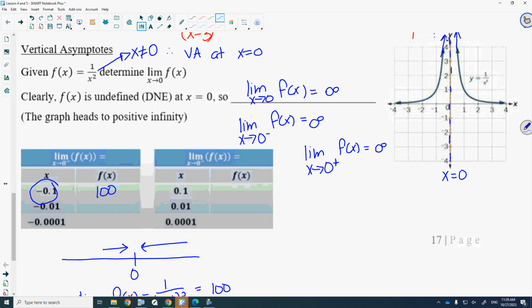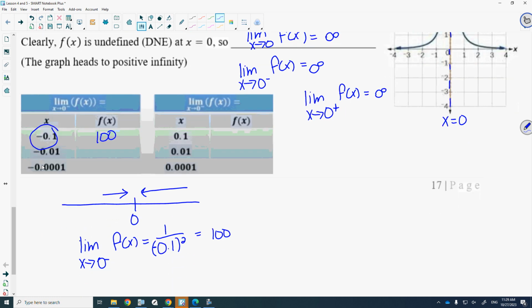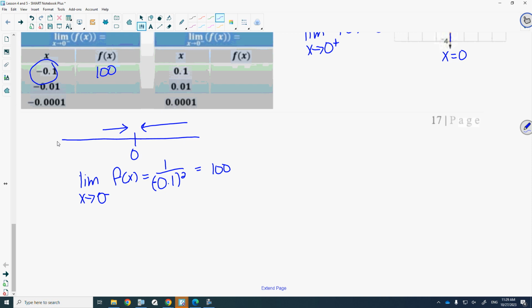Then you'd pick a number even closer to 0, right? You'd pick negative 0.01. You'd write first the limit as x approaches 0 from the left of f of x. We're going to get even closer to 0, so we're going to say 1 over negative 0.01 squared. And if you typed that in, you would get 10,000. So now our y value is way up at 10,000.